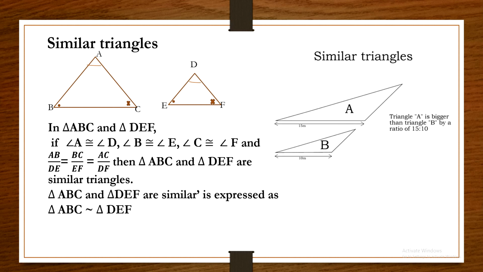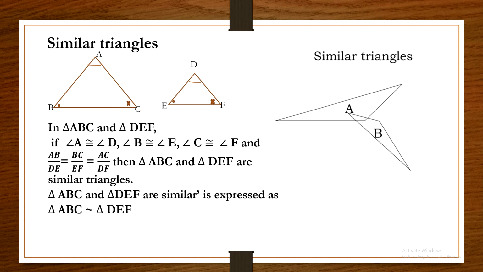Now here you can observe one example. Triangle A is given, triangle B is given. Triangle A is a bigger triangle and triangle B is a smaller triangle.